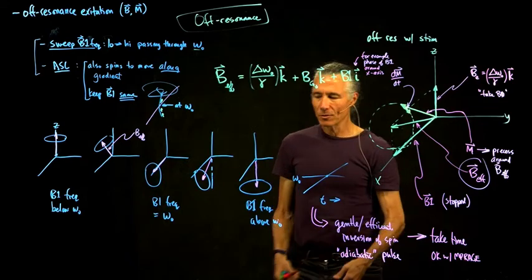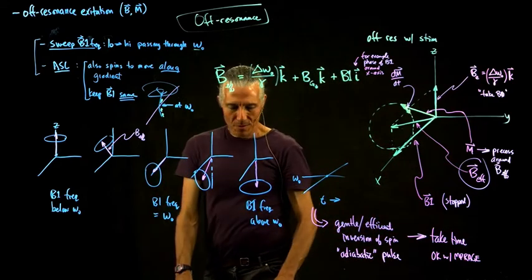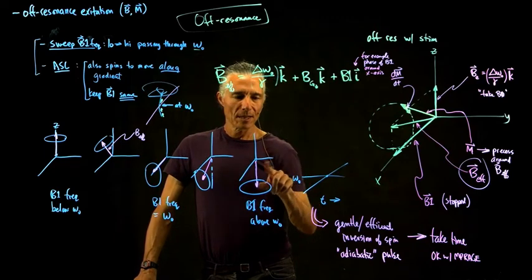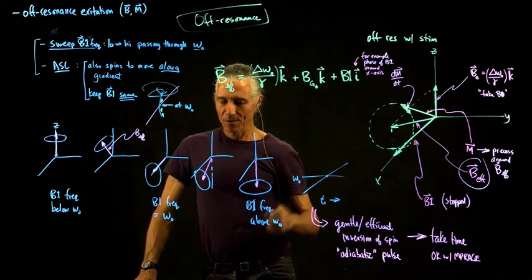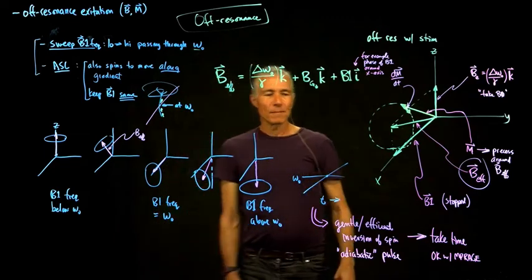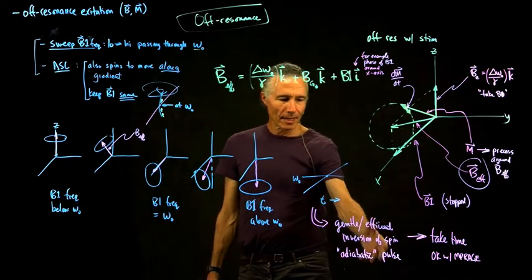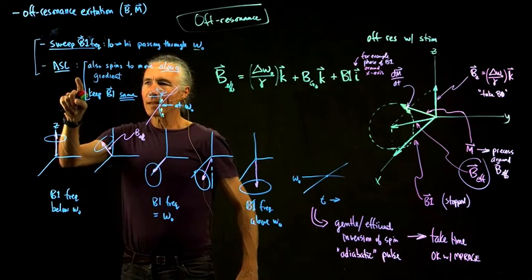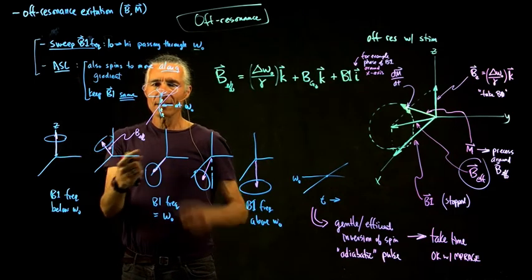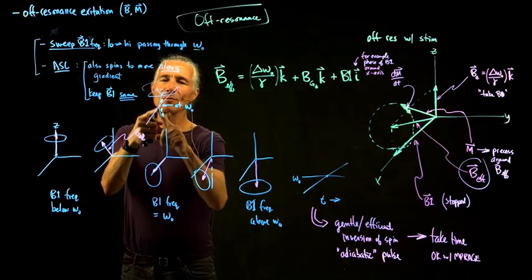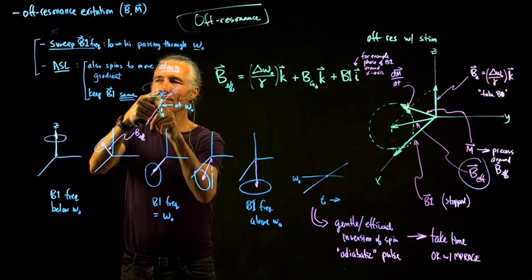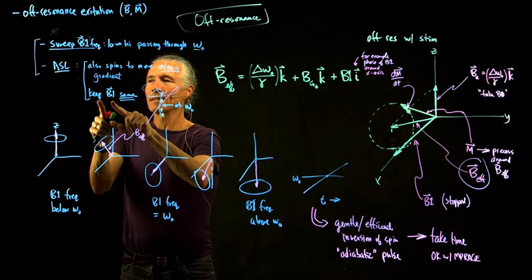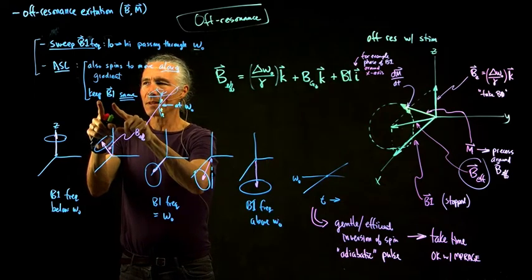You wouldn't normally do this with a spin echo scan because it takes too much time. If you want to do a bunch of 180s, you can't do this. But you would do it with something like MP Rage, and you would do effectively the same thing by having the spins pass through the gradient and thereby change their center frequency while keeping a constant B1 on. So that's basically the same thing.